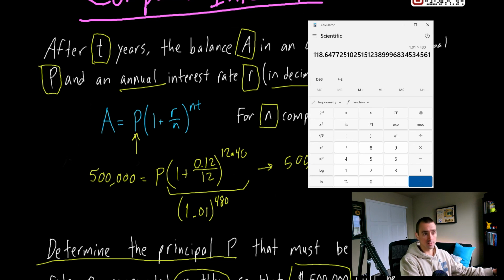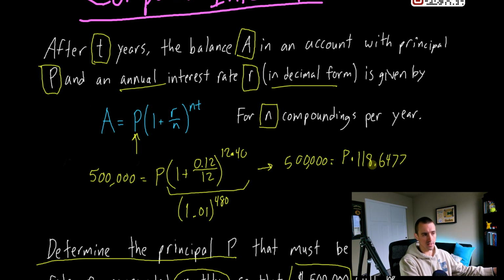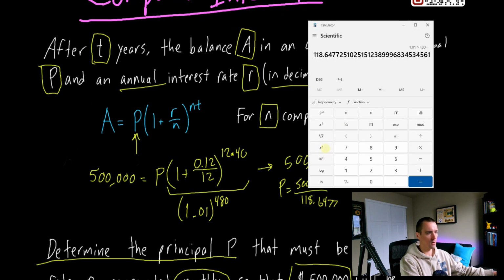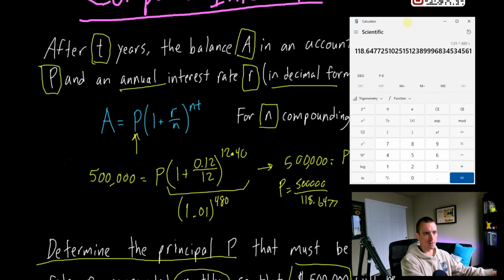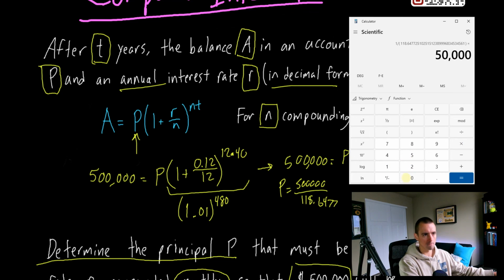Now to solve for P, we can just divide both sides by 118.6477. So P will equal 500,000 over 118.6477. So if we do 500,000 divided by this, or in other words, we can do 1 over that times 500,000, we get 4,214.16.